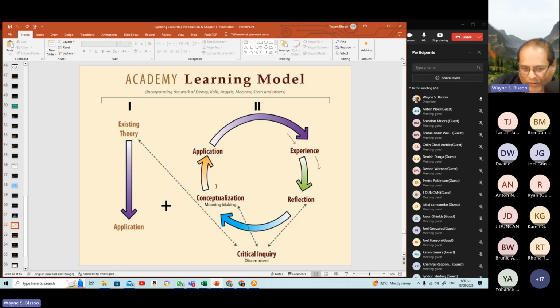Now that's one model. This model here, which is more along the lines of scientific methodology, is where you conceptualize something, you apply it. From the application, you distill the experience, the outcomes, you reflect upon it, and you either go back and try it again and go through the application process.